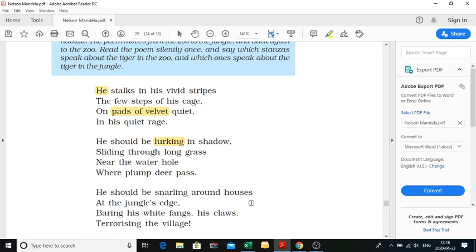He slides silently through the long grass before charging upon his hunt. And he reaches silently to the water hole where plump and well grown deer come to drink water. Okay, where a strong, plump deer comes to drink water, there our tiger likes to hunt by hiding, right. Let's move to the third stanza.